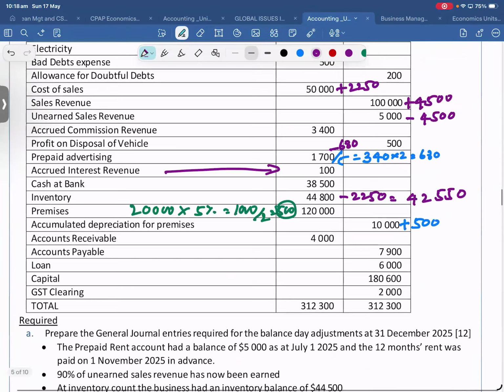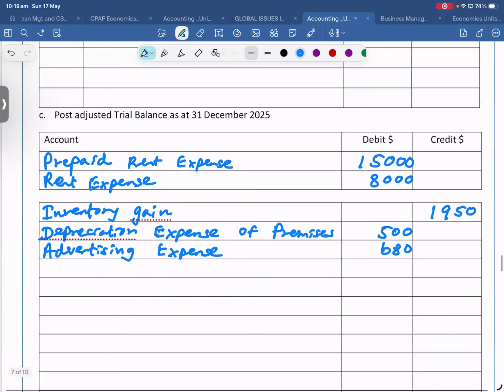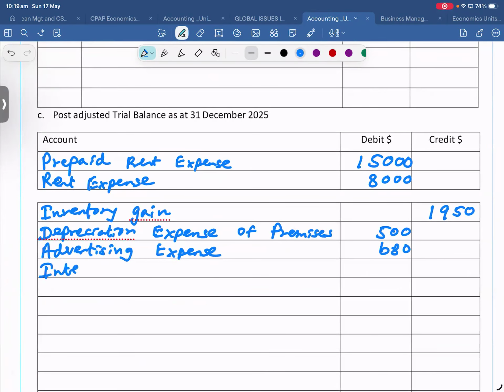Interest revenue in the post adjusted. How much? 200. Sorry, credit. Be careful about the debit and credit side, okay? Right, 200.